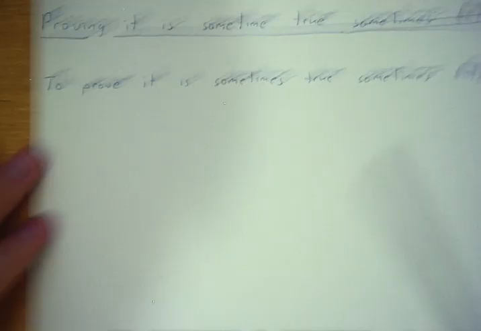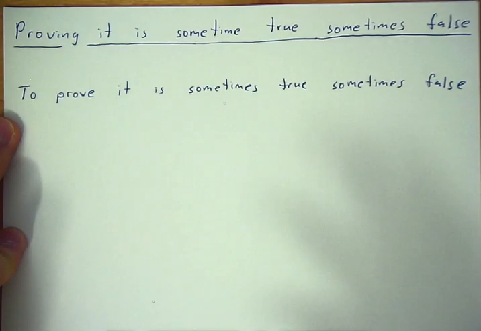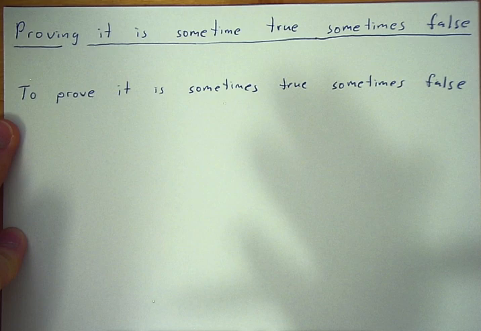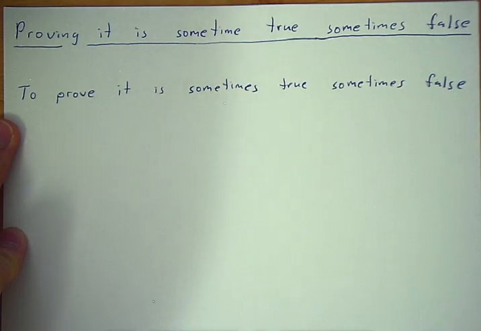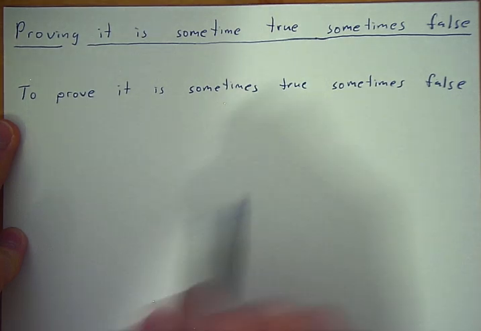Okay. Last one I want to talk about. Sometimes you're given the option of sometimes true, sometimes false. So is something always true? Is it always false? Or sometimes they'll give you this option: is it sometimes true, sometimes false?